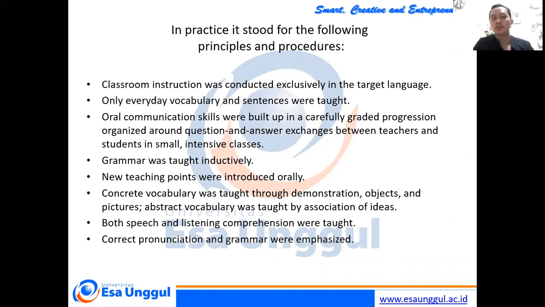Classroom instruction was in the target language, no native language, only everyday vocabulary and sentences were taught, oral communication skills were built up, whereas in the grammar translation method it was not really emphasized, and grammar was taught inductively, with concrete vocabulary. Both speech and listening comprehension were taught, and correct pronunciation and grammar were emphasized.